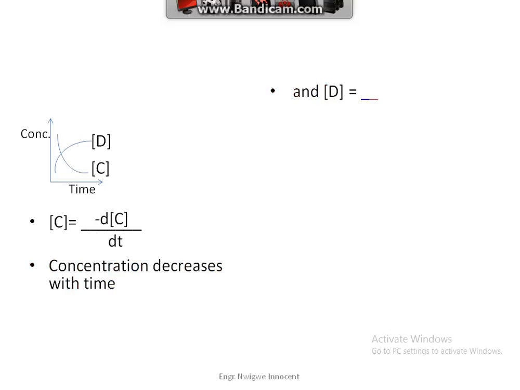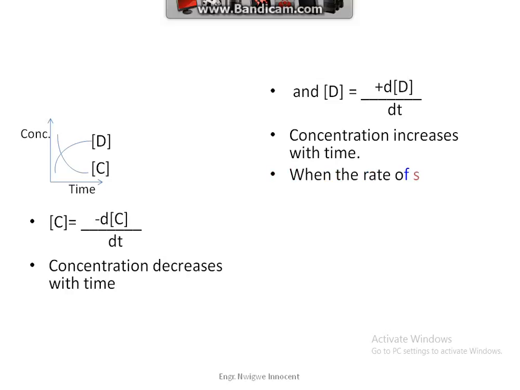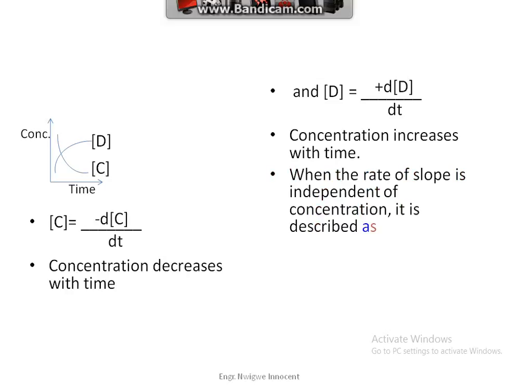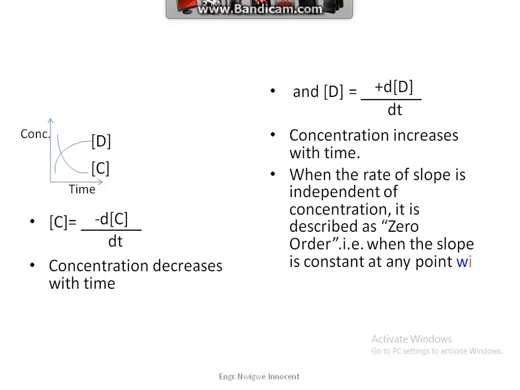The rate for D is equal to plus the change in concentration of D over the change in time; concentration increases with time. When the rate or slope is independent of concentration, it is described as zero order. That is, when the slope is constant at any point with increase in time, it is zero order. Therefore, the answer is B.